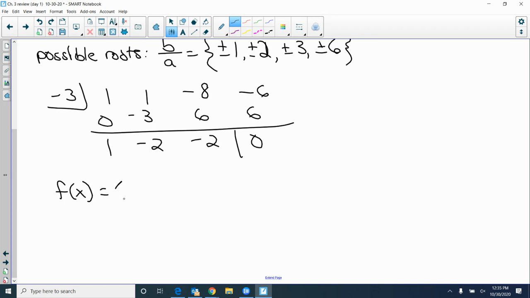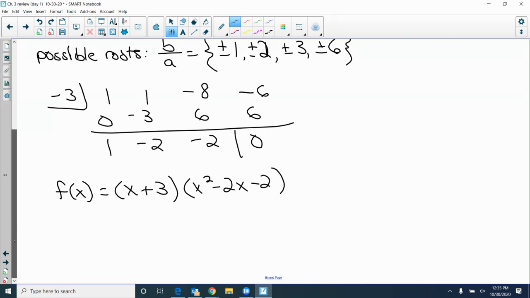So f of x equals, since negative 3 is a root, x plus 3 is a factor, and you get x squared minus 2x minus 2. Try to factor that last one. If it doesn't factor, what do we have to use? Quadratic formula. This one doesn't factor.